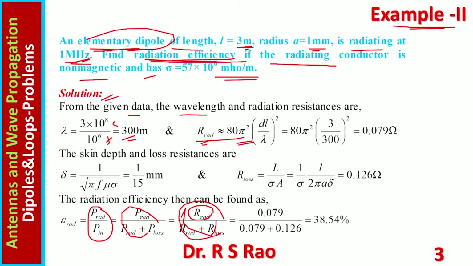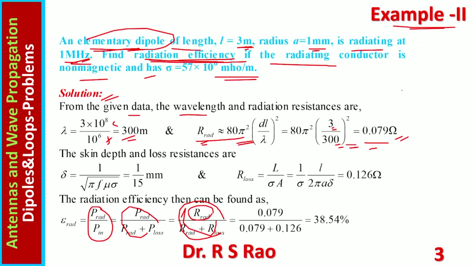L is 3 meters, lambda is 300 meters, dl is L, therefore 3, lambda is 300. It gives radiation resistance as 0.079 ohms. Radiation resistance is available. Now we go for loss resistance.